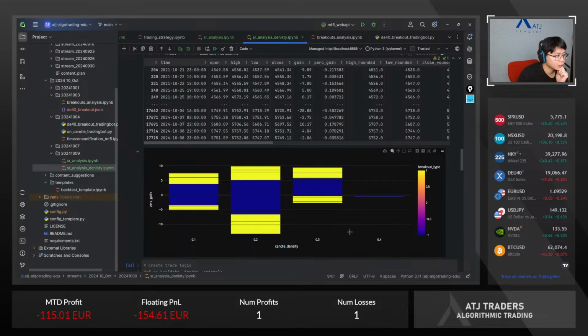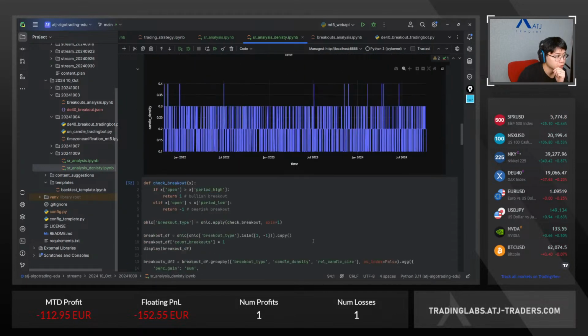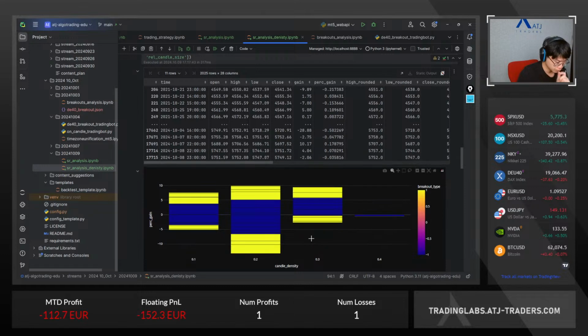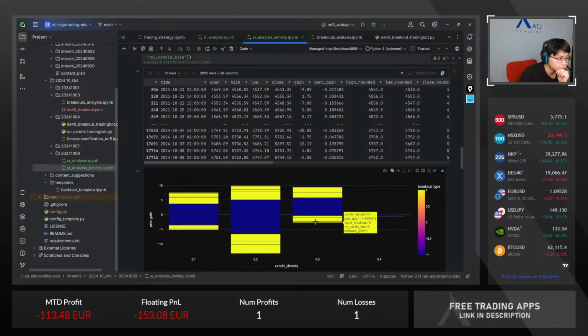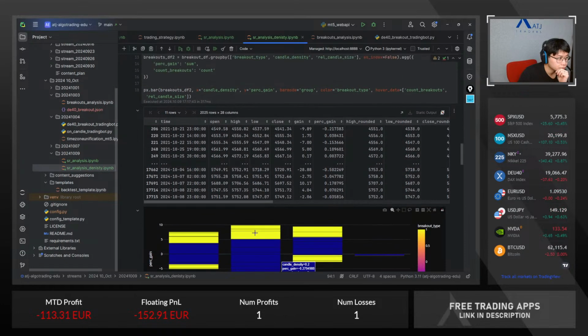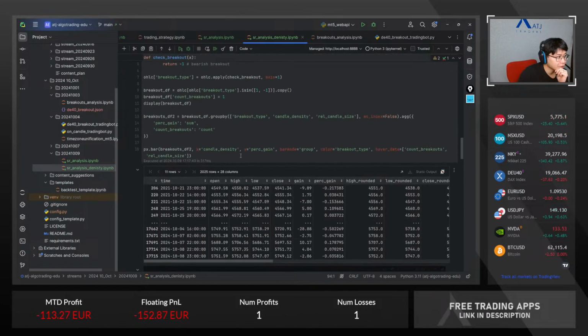And now we are here. So we're measuring the support and resistance in a 24-hour time frame.